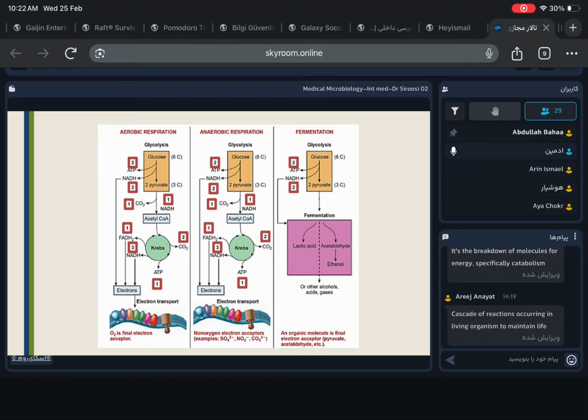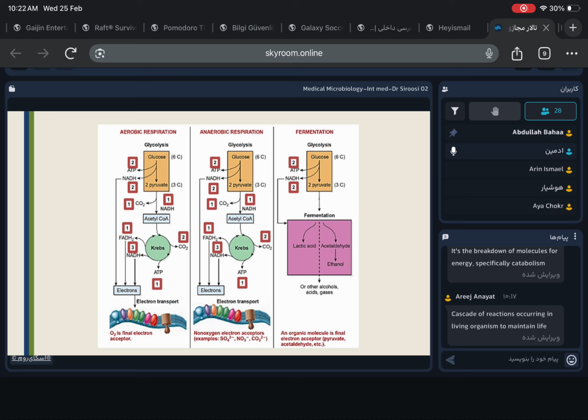During glycolysis, some of the energy which was stored in the chemical bonds of the glucose is released. As a result, two ATP molecules are produced. Also, two NADH molecules are generated.